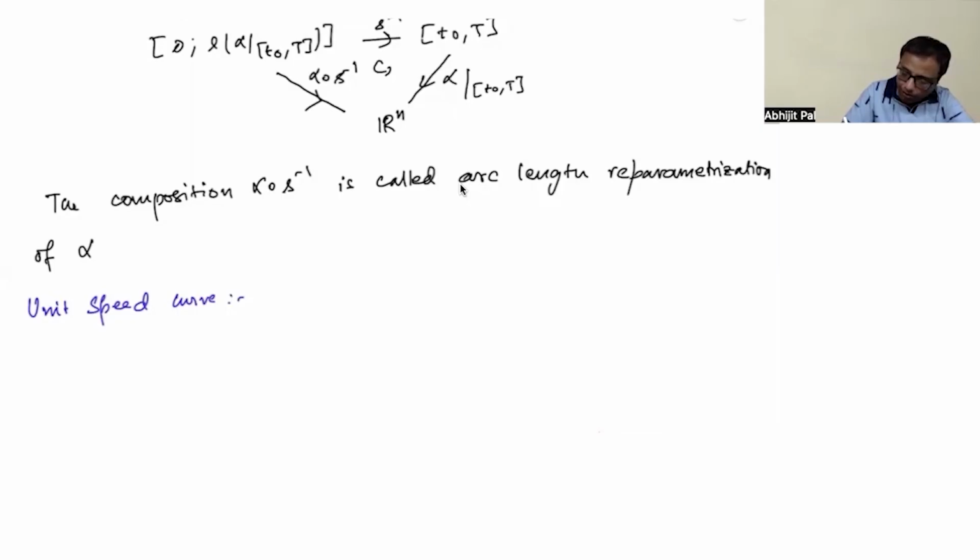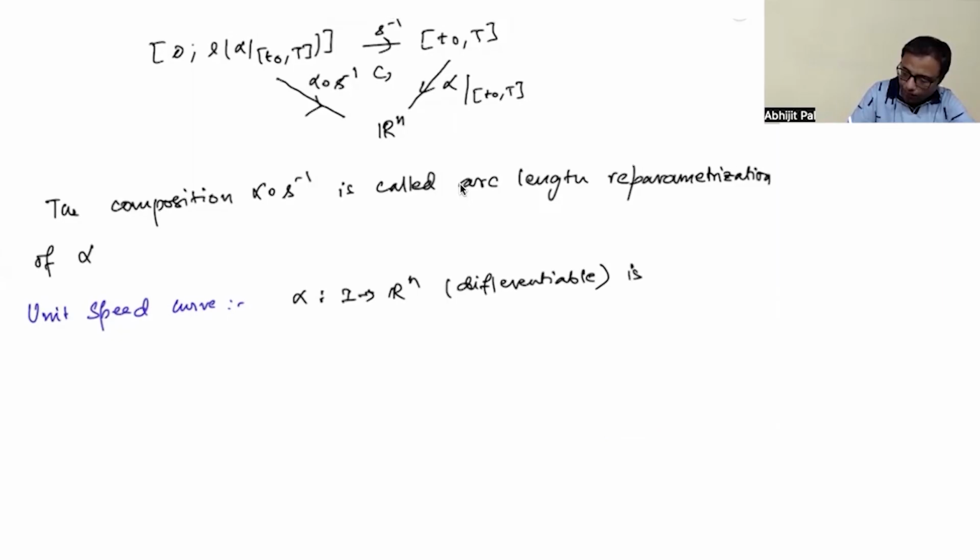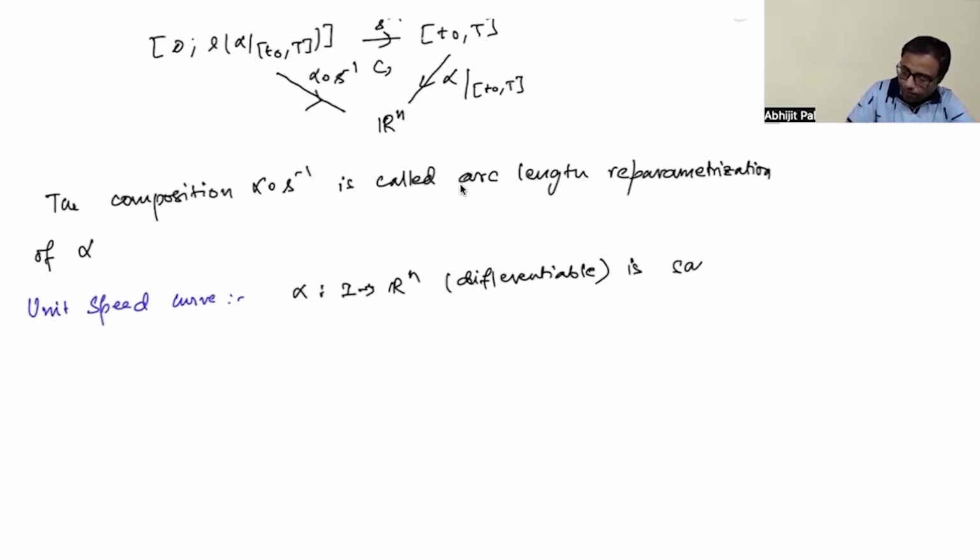So alpha from I to Rn, which is differentiable, is said to be a unit speed curve if the norm of alpha prime t is equal to 1 for all t belonging to I.